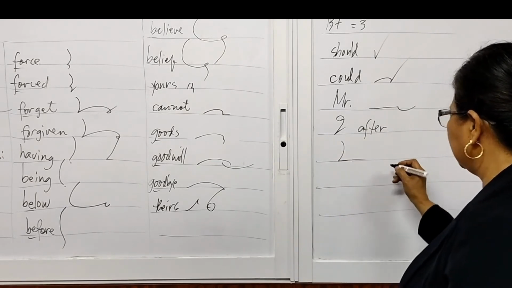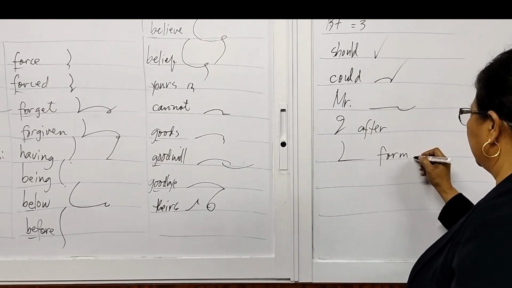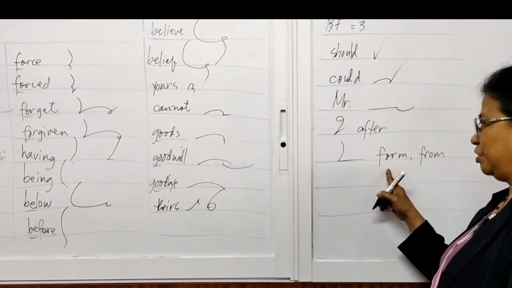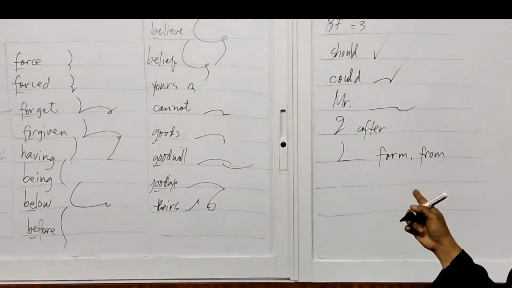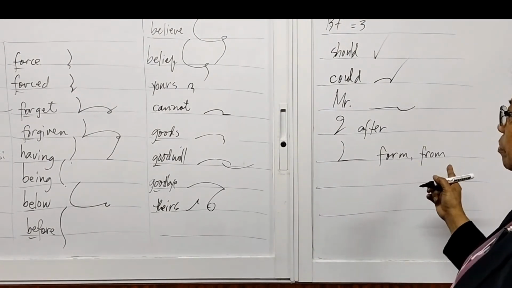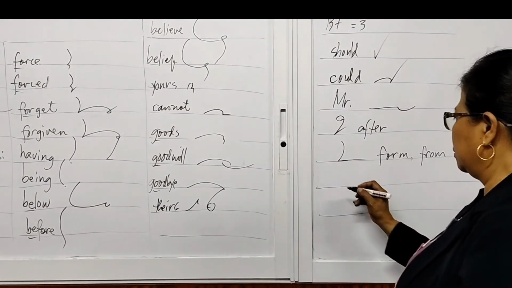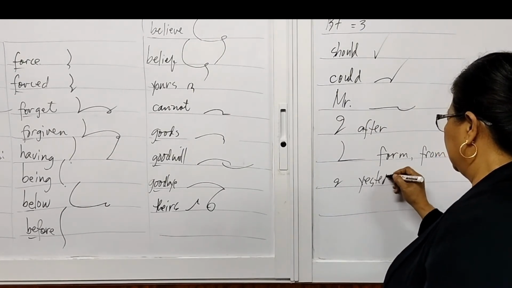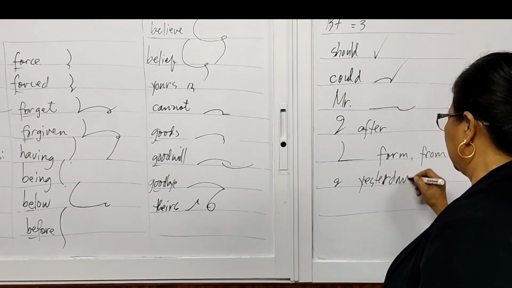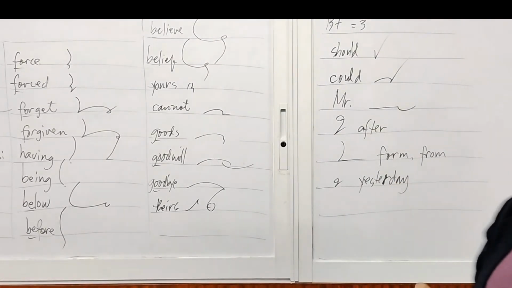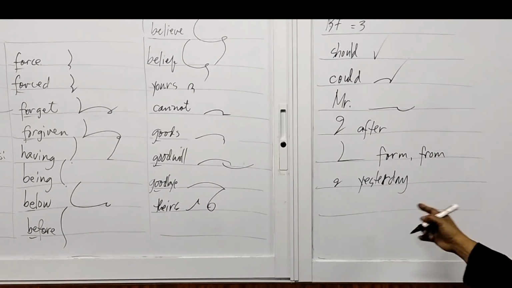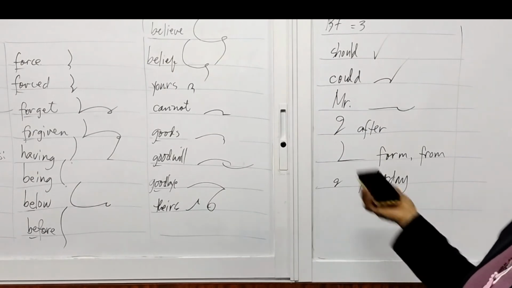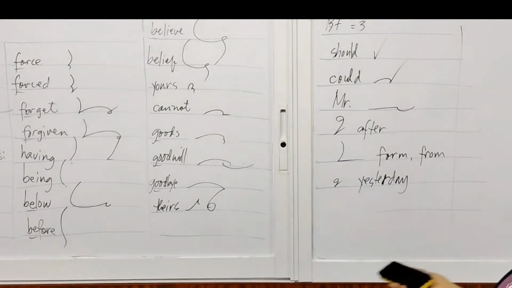For and M, form and from. All the form could be a derivative of the brief form for, correct? So form and from. We also can include siguro EST, that is yesterday. Medyo advanced po ito. Yesterday.